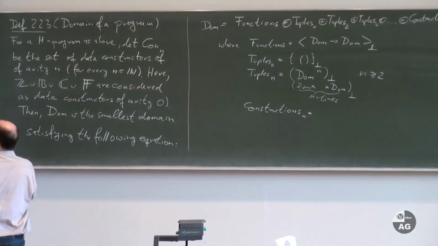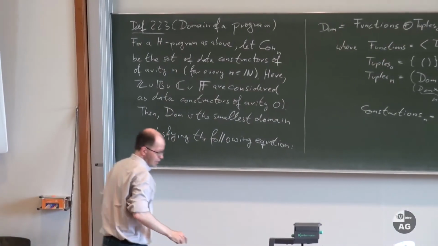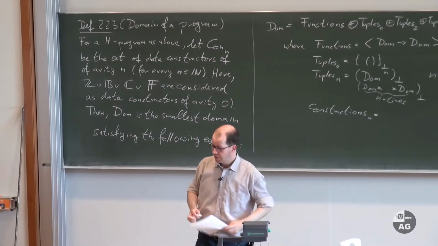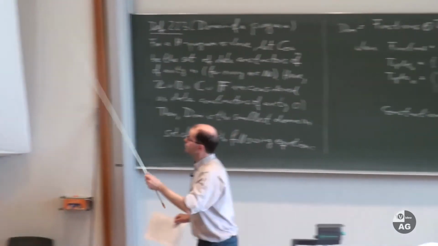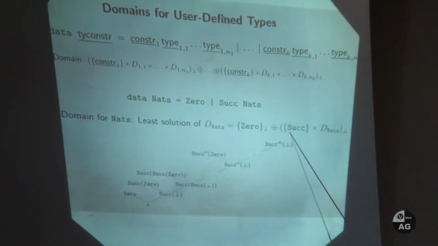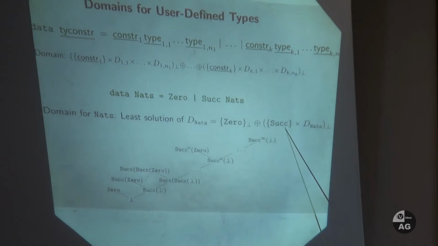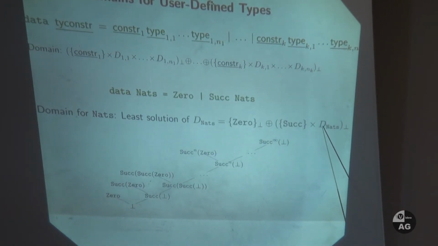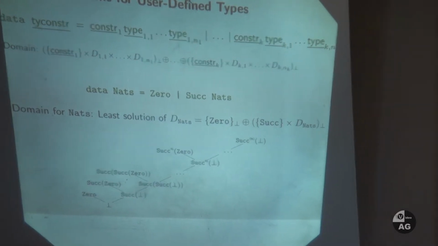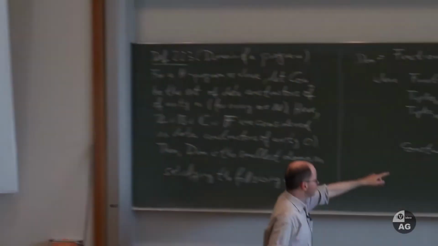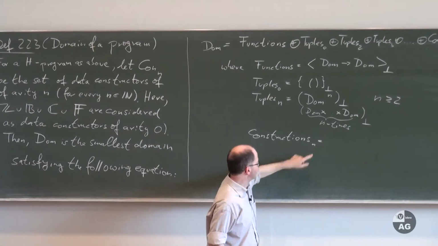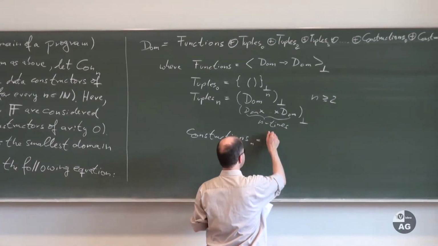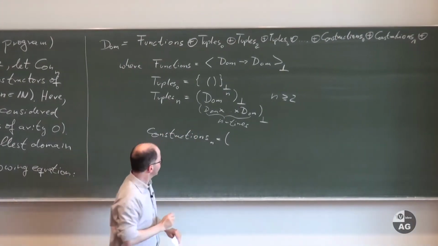Well, this is just the thing that we defined over here. So this contains tuples where the first component is the name of the data constructor and the remaining components are the domains for the arguments of the constructor. So in constructions n, we have tuples of length n plus 1, where the first element is the name of the constructor.